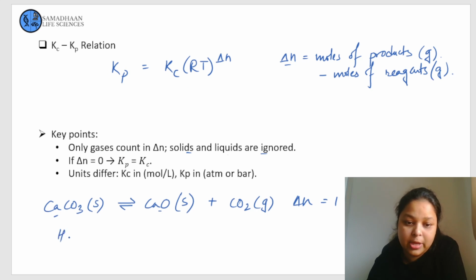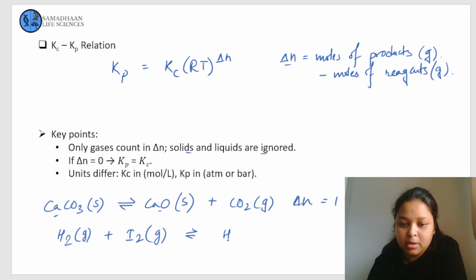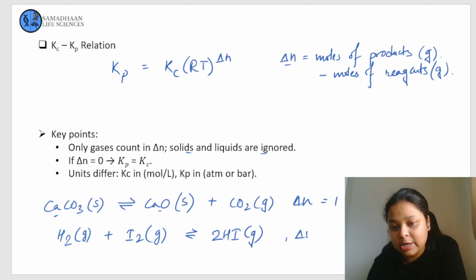How? If we have this reaction, hydrogen plus iodine forming HI, and all of the reagents and products are in gaseous state. Now I will first balance this equation and then we will calculate delta n, which is 2 minus 1 minus 1, right?